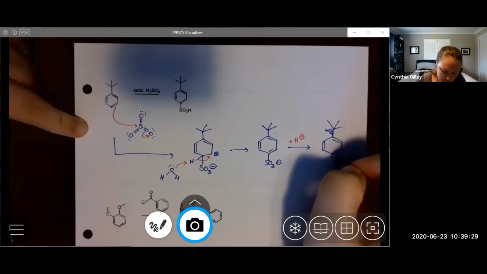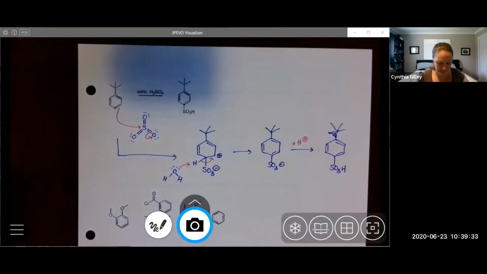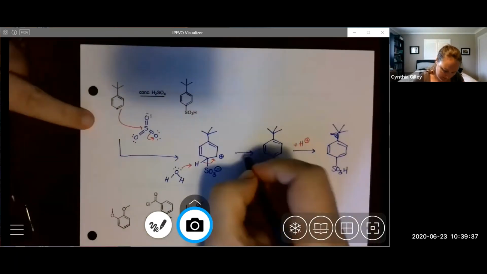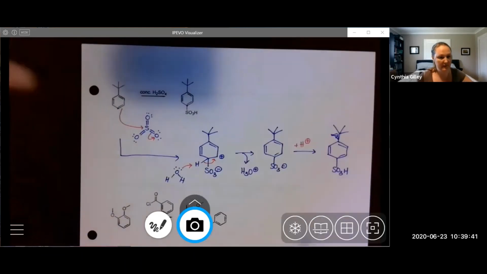And the byproduct is generated from hydrogen.